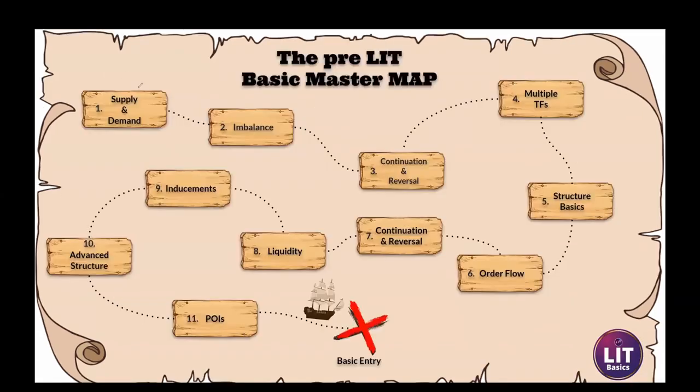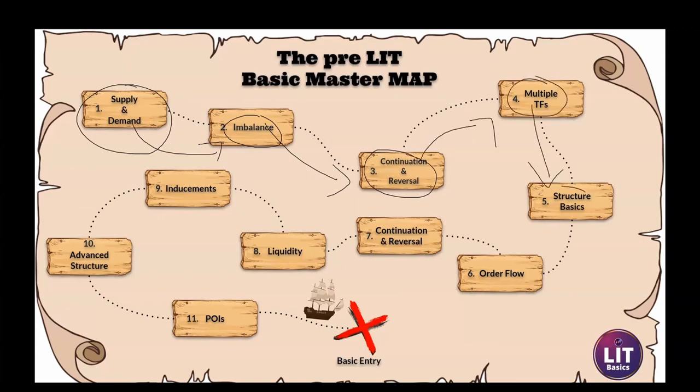So, okay, and there we are, from the basic primitive approach into some sort of imbalance refinements, then differentiating if it's a continuation or reversal using multiple time frames as well, using basic structure, making a little bit of fun out of this one, and how we could use order flow, again, seeing if it's a continuation or reversal, then finally getting some meat onto it, some clarity of what they actually do with a sort of liquidity, what forms we have, and how they're actually inducing that liquidity, and how we can then use, based on the inducements, structure to our advantage.